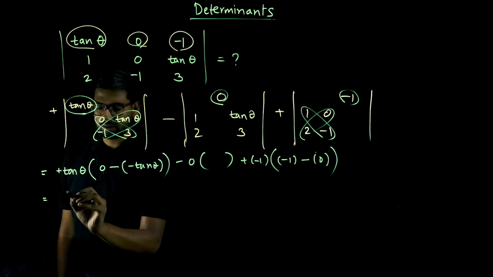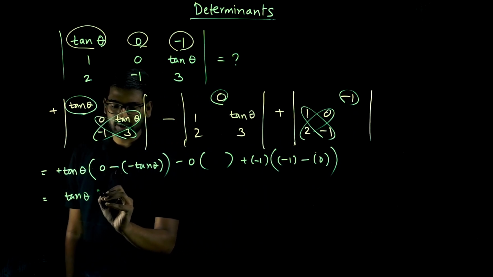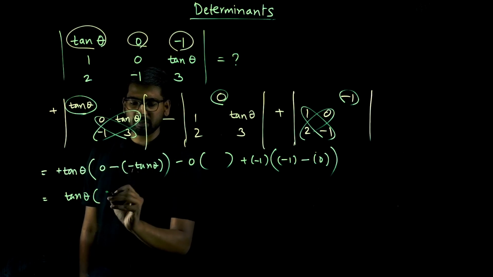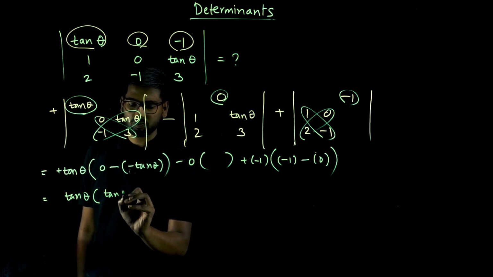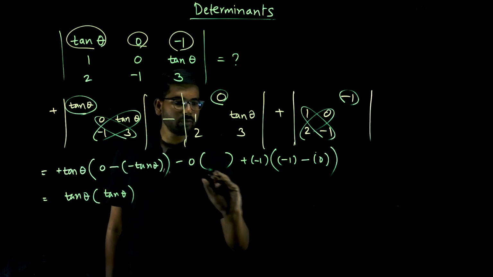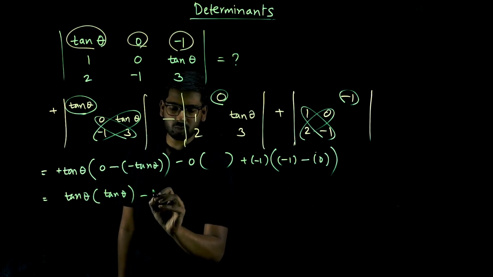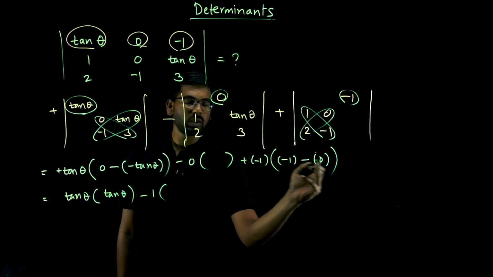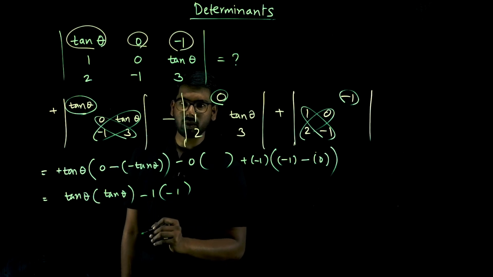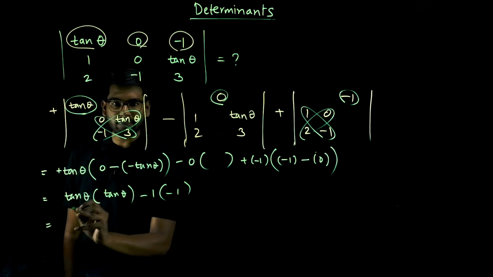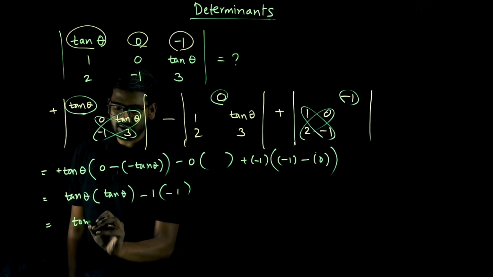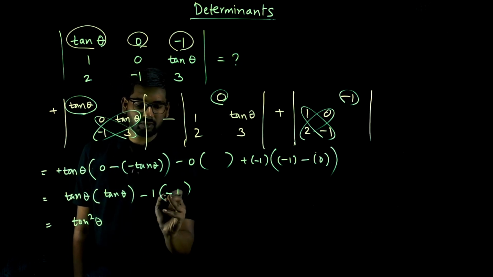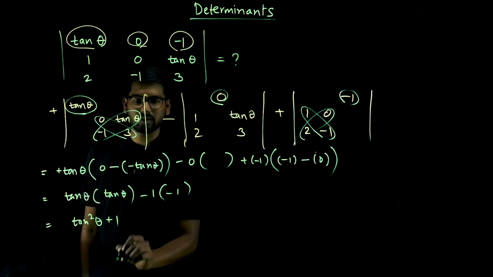So what happens, tan theta, okay, 0, minus into minus is plus tan theta, minus 0, plus into minus minus 1, minus 1 minus 0 is minus 1. Okay. So tan theta into tan theta becomes tan square theta, minus into minus plus 1 into 1 is 1.